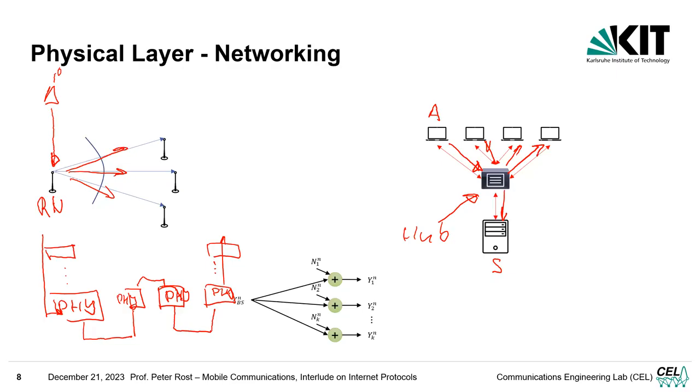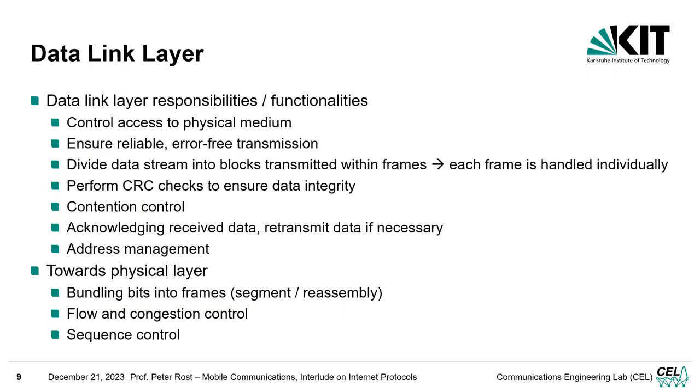In addition, it's also quite insecure, because if the signal is repeated and delivered to the other nodes, it's very simple for them to eavesdrop on your communication, try to decipher it, and get knowledge about what you're communicating. That's why networks typically operate at least on layer 2, the data link layer.